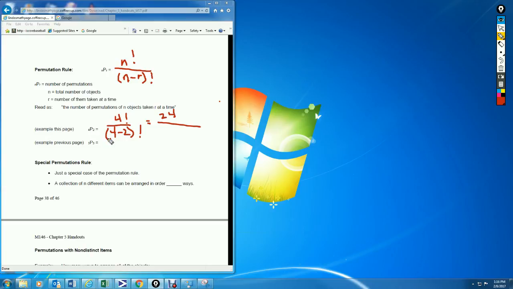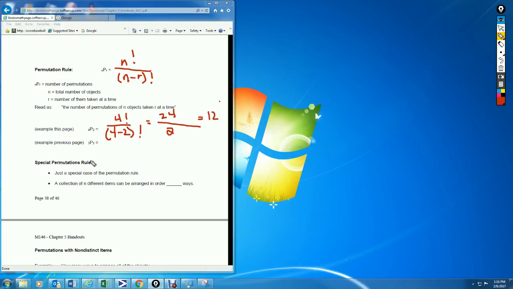This quantity, 4 minus 2, is 2. 2 factorial is just 2 times 1, which is 2. So this quantity is 12. And we just saw that because we just listed 12 different permutations.